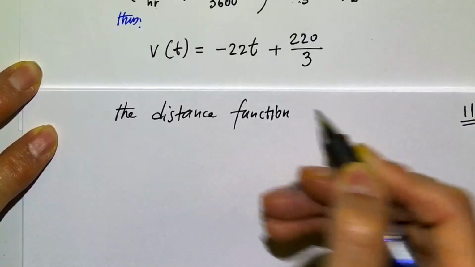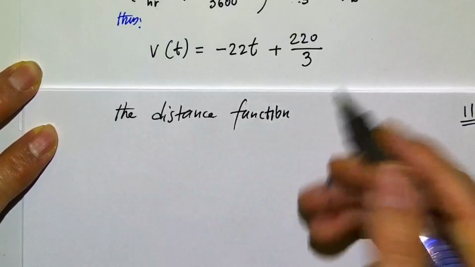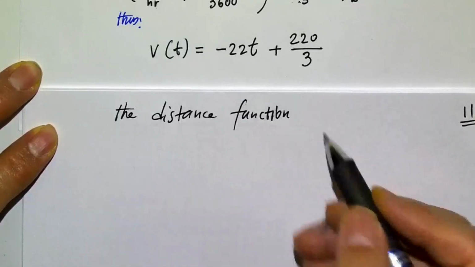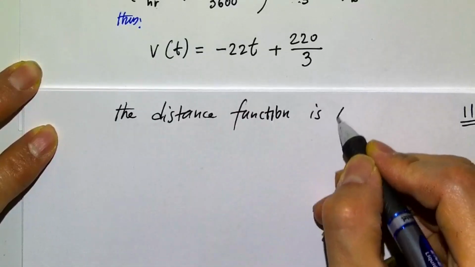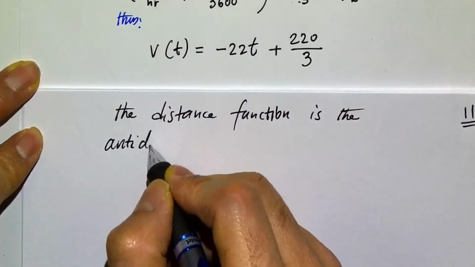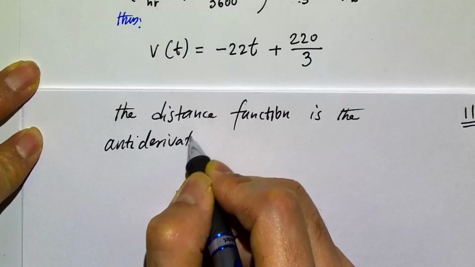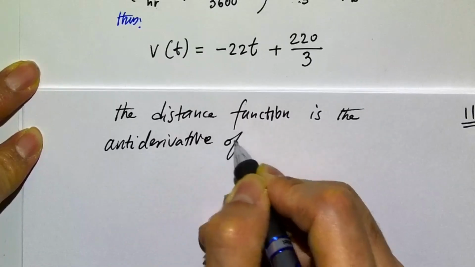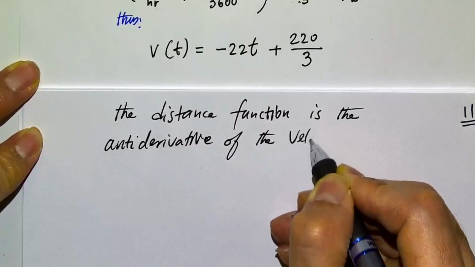I'm assuming you have not taken freshman physics, but you might have already taken it, I don't know. But the distance function is the antiderivative of the velocity function.